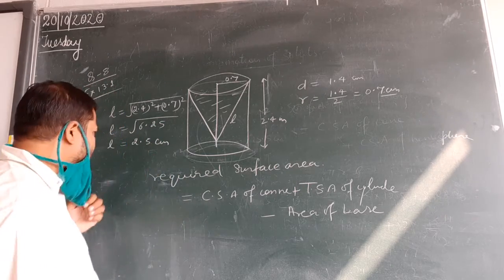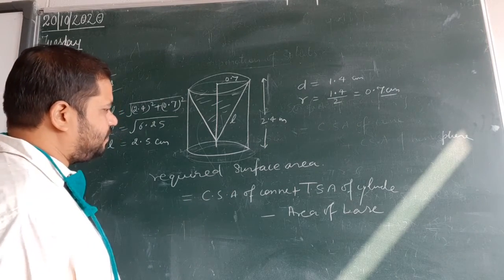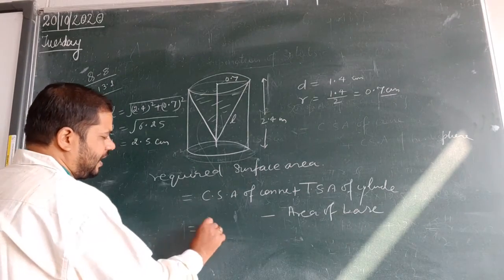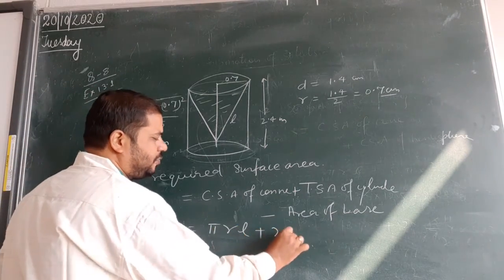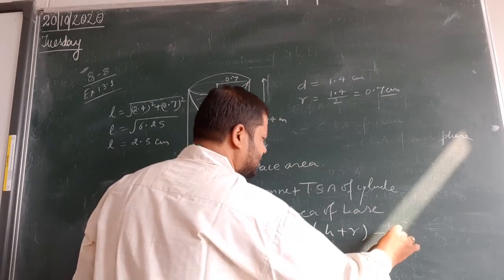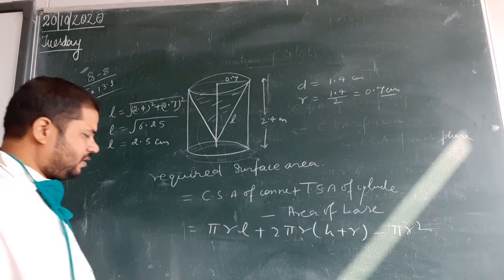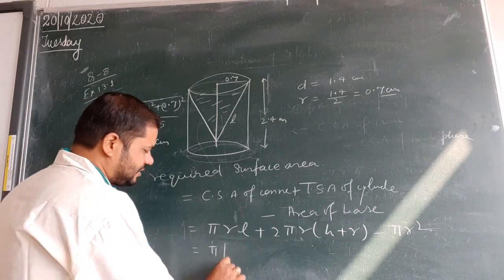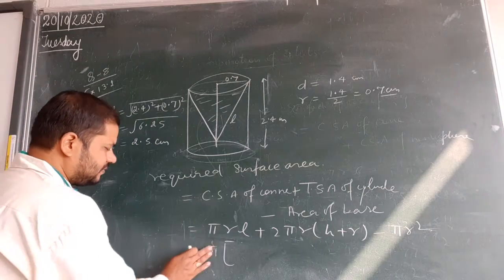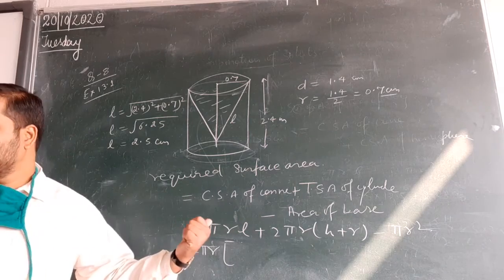So next you get the CSA of cone and TSA of cylinder. So write everything here: pi r L plus 2 pi r h plus pi r square minus pi r square. Take pi common everywhere, son. r is also common everywhere. Pi r is common from each and every term.